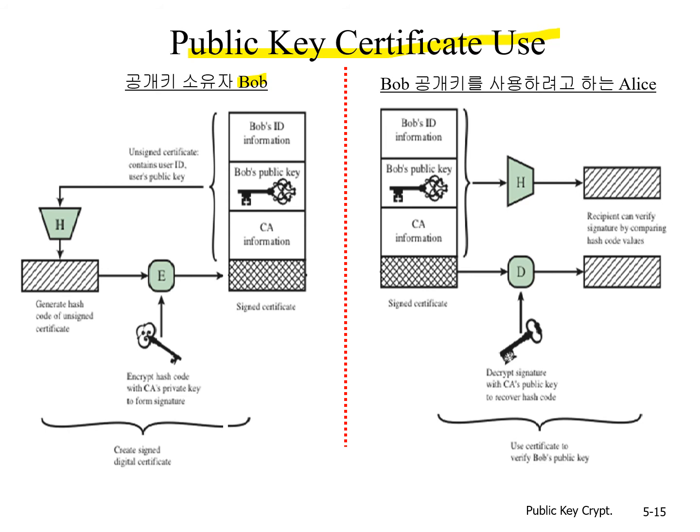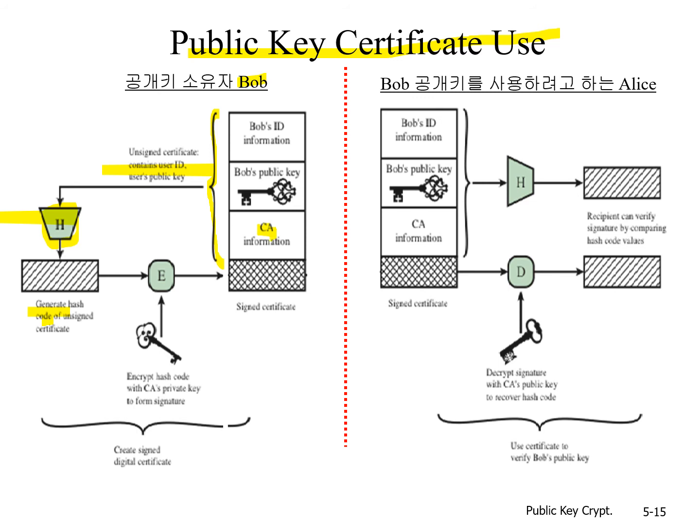And then the CA uses this data to generate a hash code.